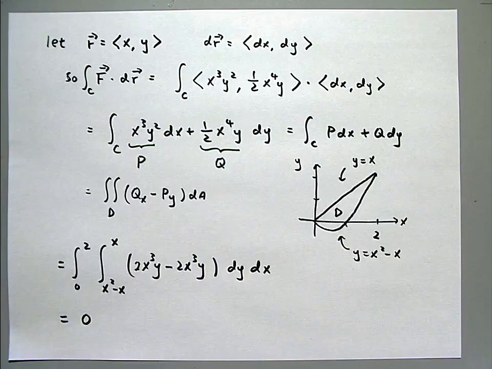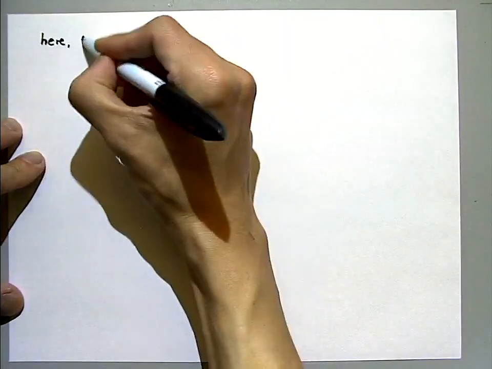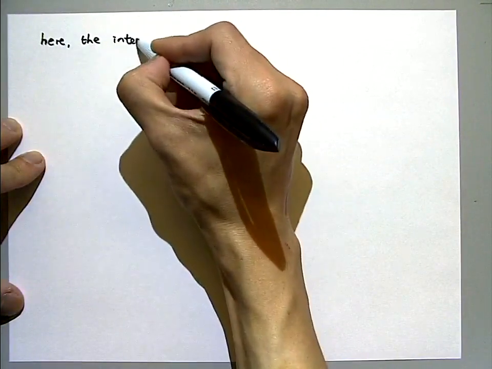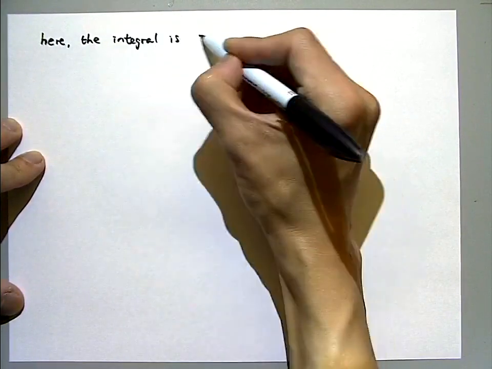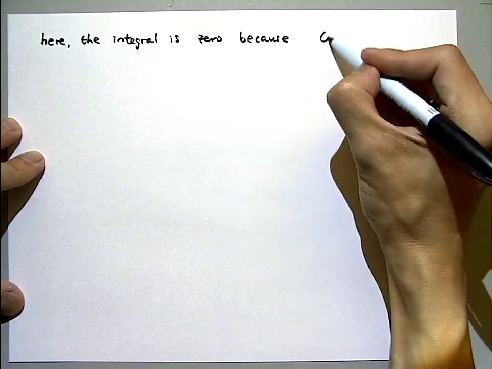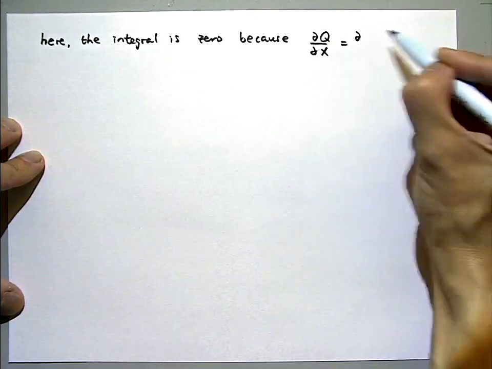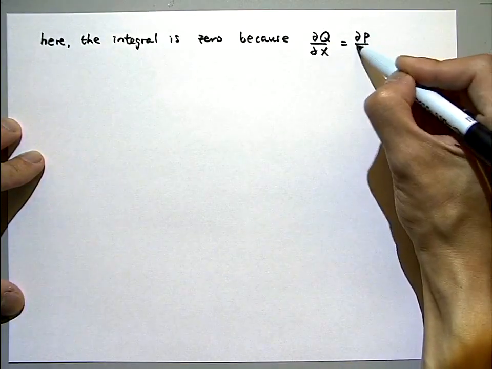So here, an interesting thing we noticed: here the integral is 0 because the partial of q with respect to x is equal to the partial of p with respect to y.